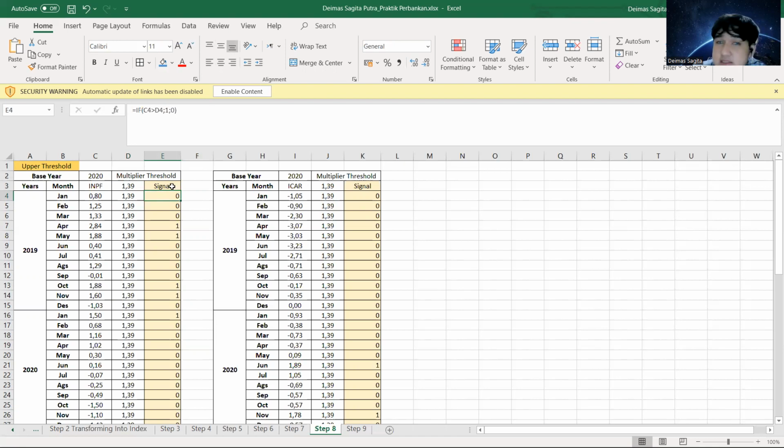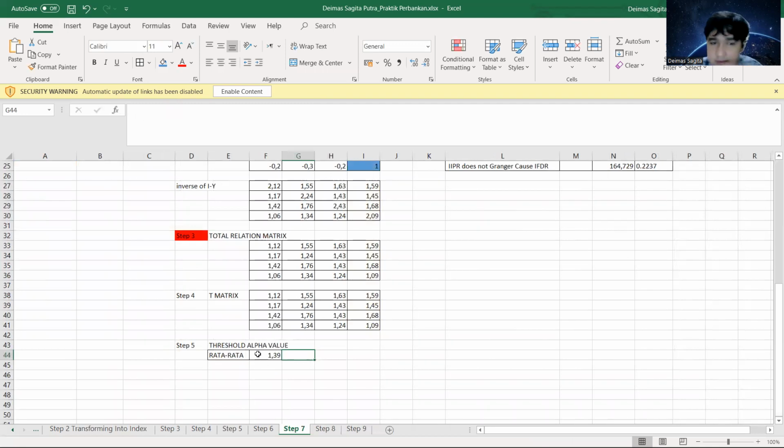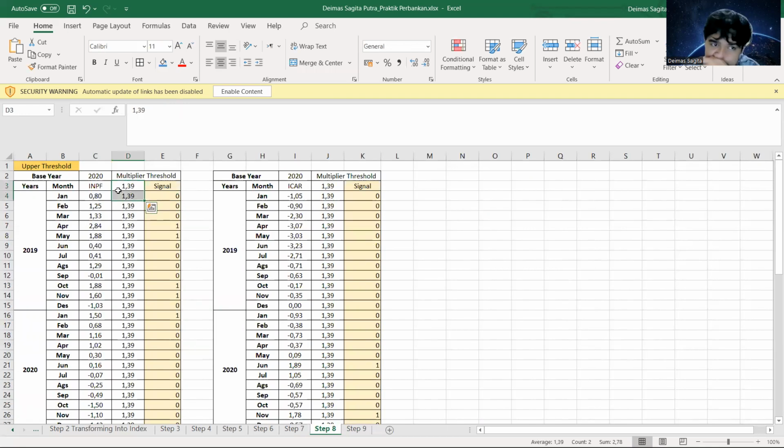The formula for the multiplier threshold for the signal: this 1.39 we got from the average of the threshold upper value that we get from step 7. We put here.